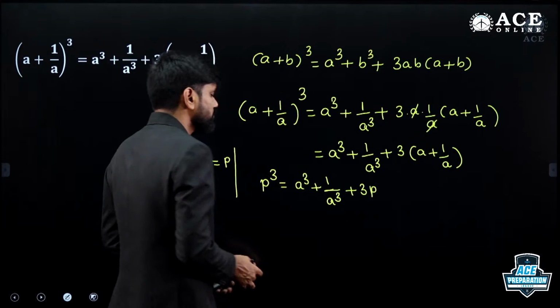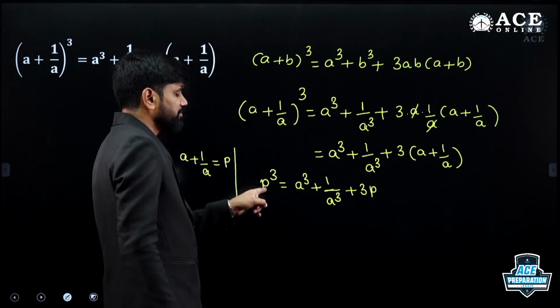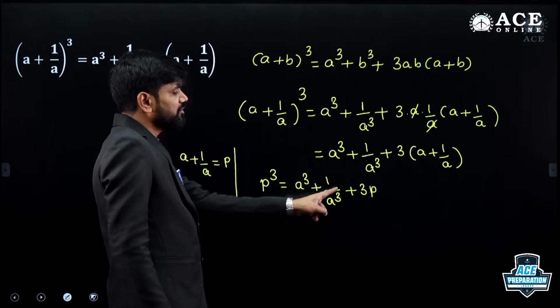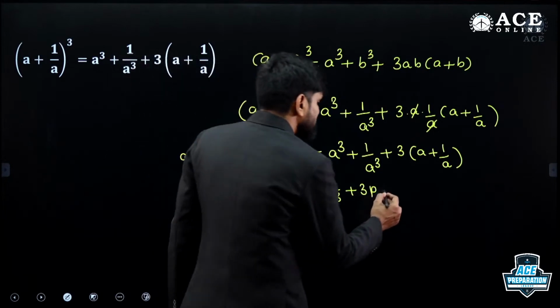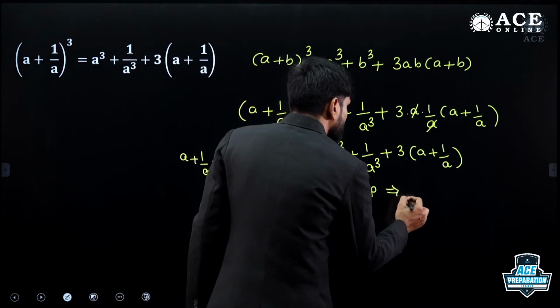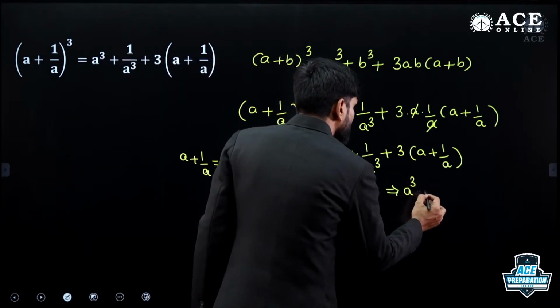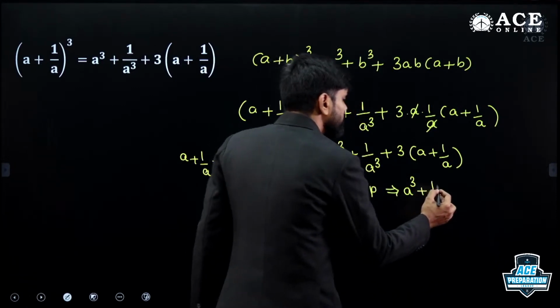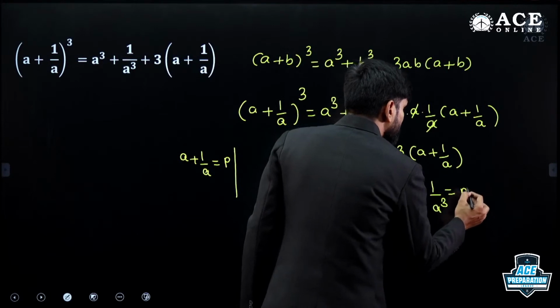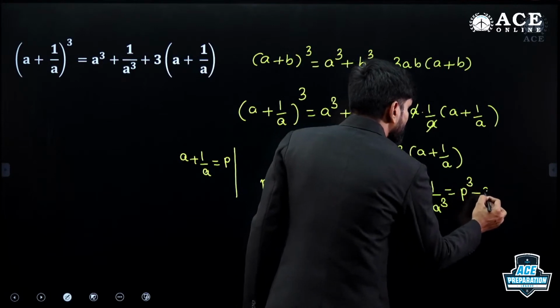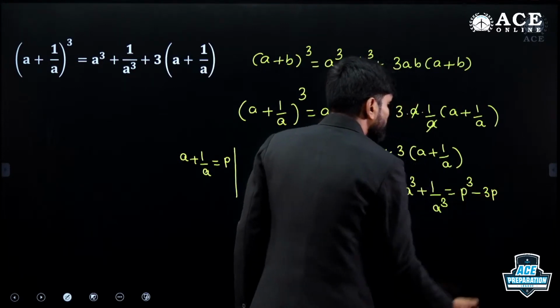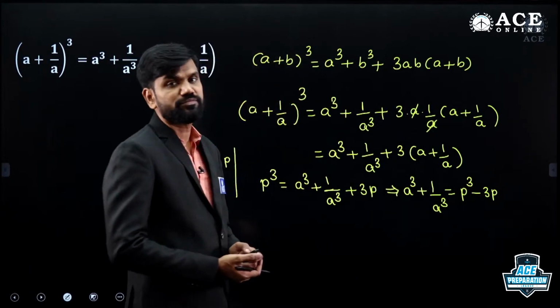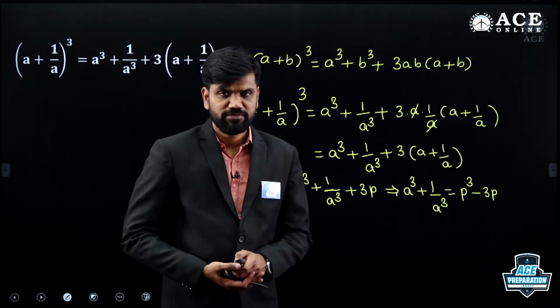So p cube equals a cube plus 1 by a cube plus 3p. From this I can say that a cube plus 1 by a cube is equal to p cube minus 3p. That's the relation, right?